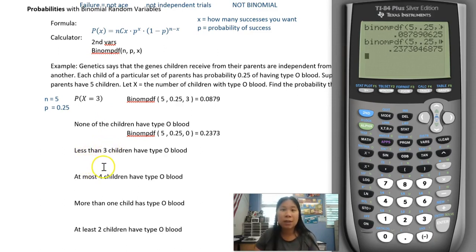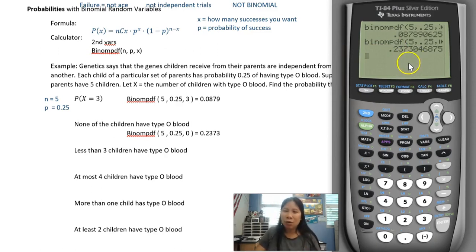We're not including 3 because when we say less than 3, it doesn't include the 3. So we can find the probability of 0, find the probability when X equals 1 using Binomial PDF again, and then find the probability of X equals 2 using Binomial PDF again, and then add all 3 of those numbers together. So that's one way to do it.